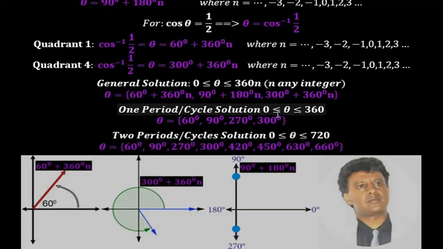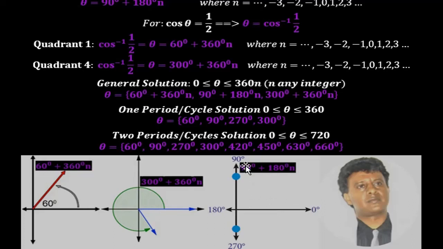And here is in picture format. So you have in the first quadrant 60 degrees and all its coterminals, that is 60 degrees plus 360 times n. Then in the fourth quadrant it is 300 degrees plus 360 n, which is the 300 degrees plus all its coterminals.